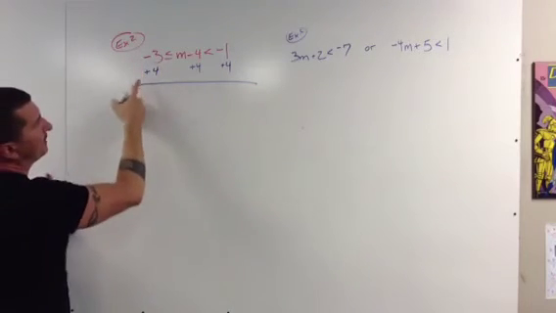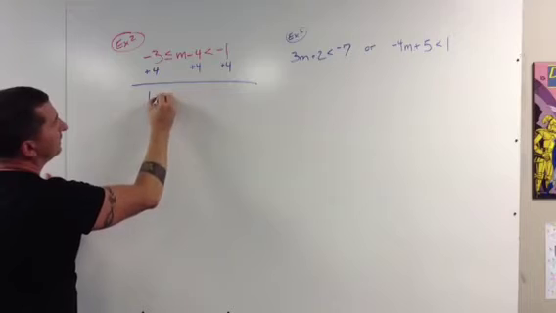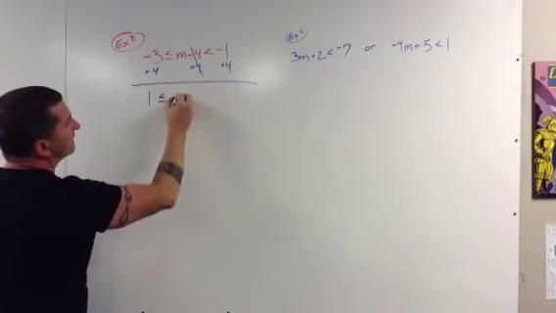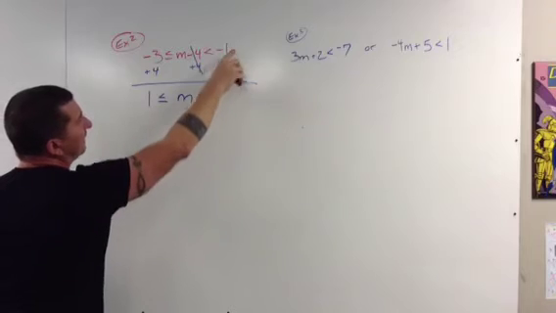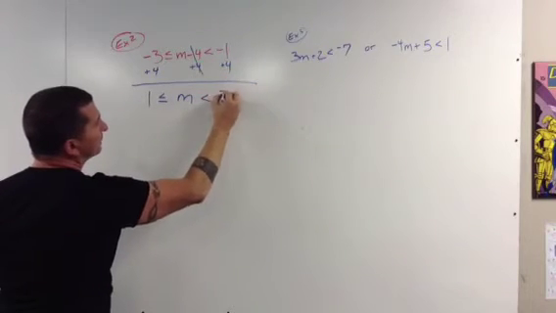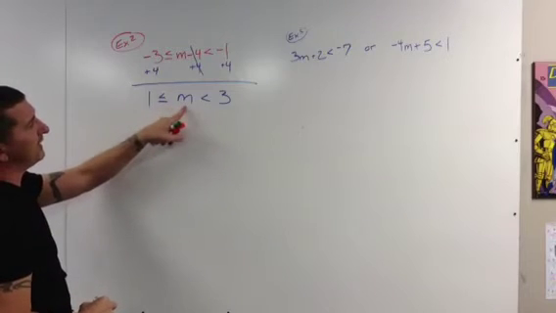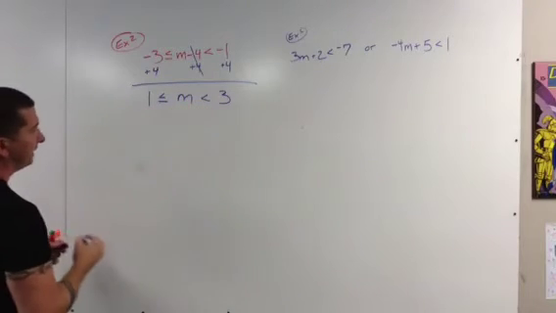Now we get negative 3 plus 4, which is 1, is less than or equal to just m. And then negative 1 plus 4 is 3. So our answer is 1 is less than or equal to m, which is less than 3.